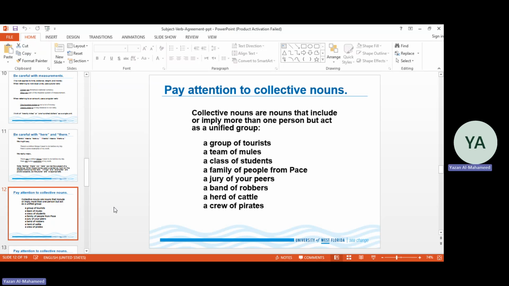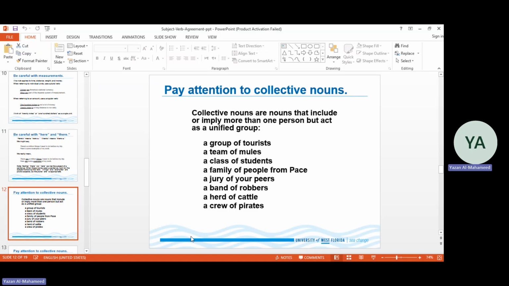Also, we need to pay attention to collective nouns in the English language. Collective nouns are nouns that include or imply more than one person or item within a unit, but act as a unified group. Here we have some examples of the most famous collective nouns that we commonly use in English. We could refer to collective nouns when we use nouns like a group of tourists.